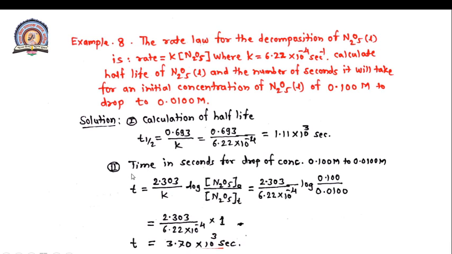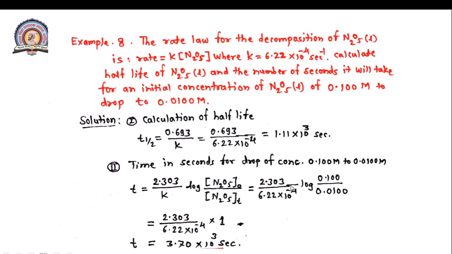Then the second part, to calculate the time in seconds for the drop of concentration from 0.100 molar to 0.0100 molar. So the formula is T is equal to 2.303 divided by K log of the initial concentration of nitrogen pentoxide divided by the concentration at time T, that means the final concentration. The initial and final concentrations are given.